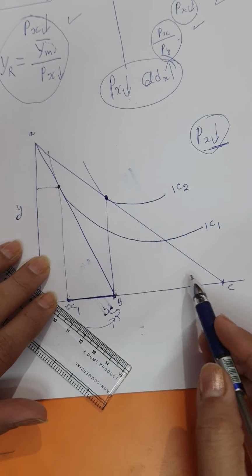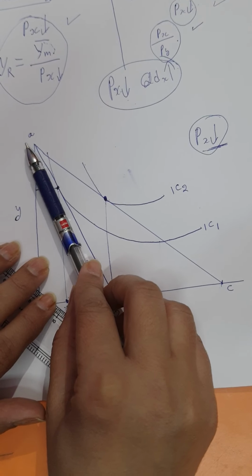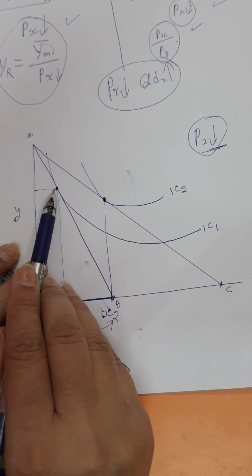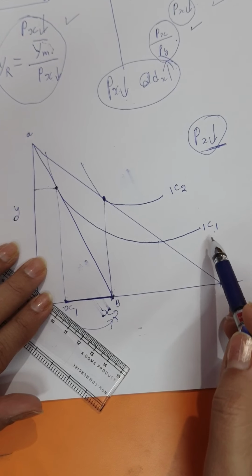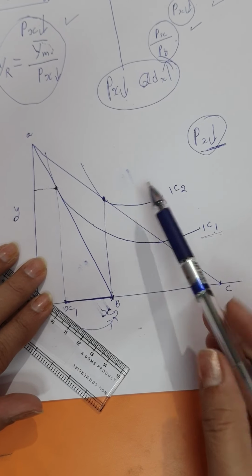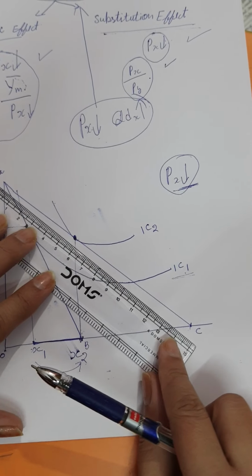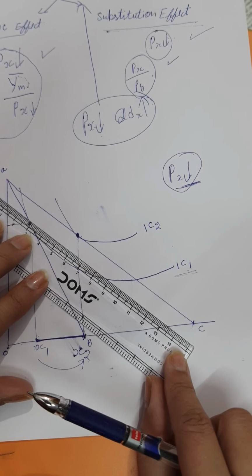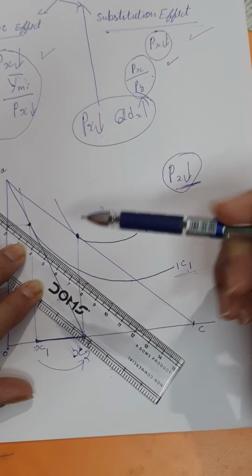So before this change, I mean due to decrease in price of x, all changes started. That time he was operating on indifference curve 1. So we will now snatch that much of income from the consumer that he can operate on previous level of satisfaction, I mean to say on indifference curve 1.